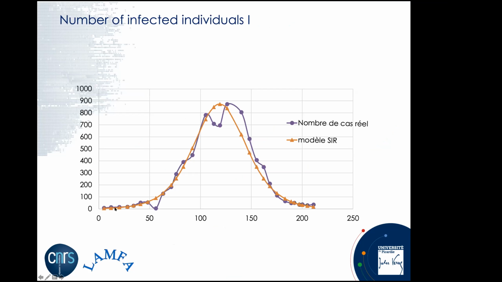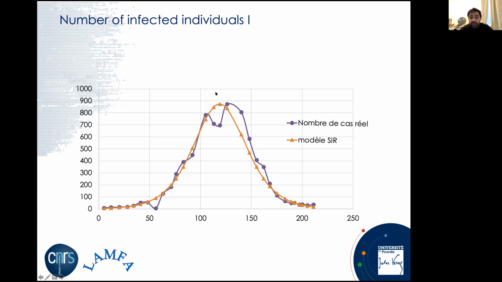What is important to see is that both of them are not mathematicians. They want to communicate this kind of result. They will not communicate with the equation, but with the form of the solution. In what you see, you have mainly three types of behavior. The first one is the increase of the number of infected.